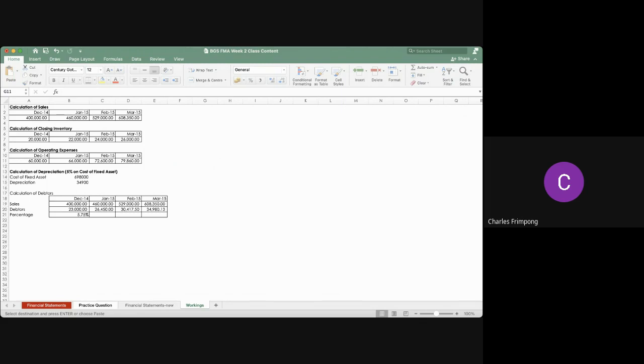Basically, we can use the sales and the debtors figure to find the cash flow, right? We have a total of 40,000 and the credit has to be 28,000. Then if we subtract the 28,000 from the 40,000, the rest will be the cash.